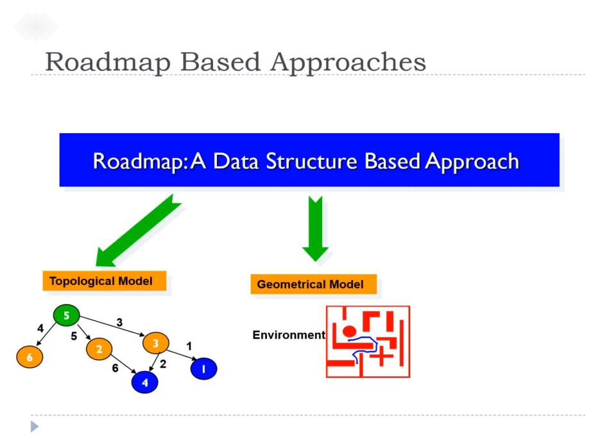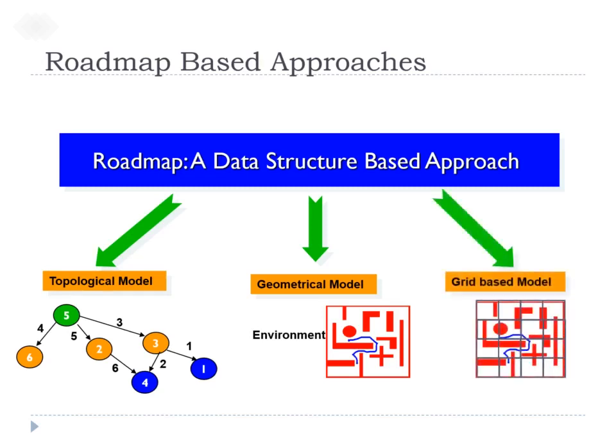In the free space, we create the roadmap. The third type of approach is a grid-based approach, which is also very popular, where the entire environment is divided into cells or a grid, and how each cell of the grid is connected to another cell of the grid is found out. Accordingly, roadmaps are created.